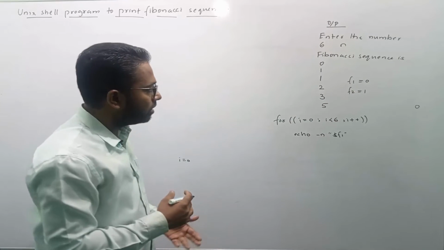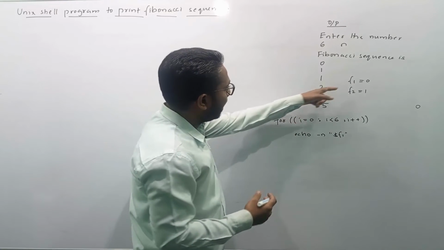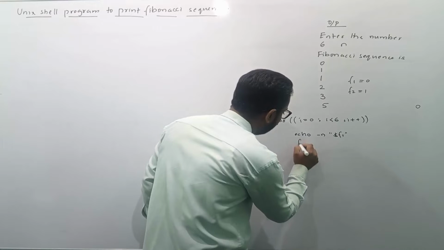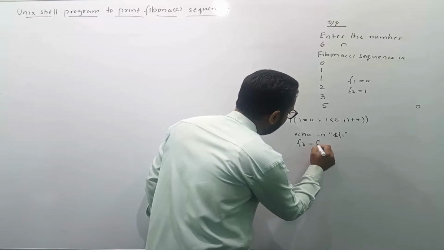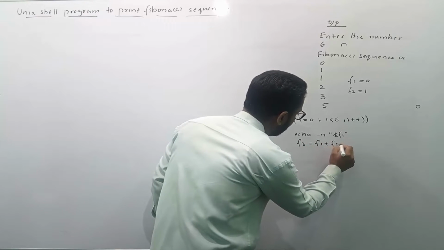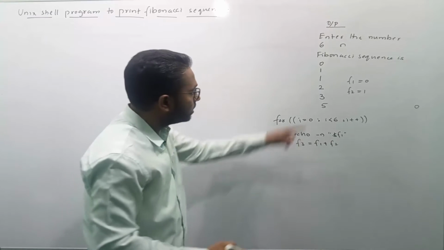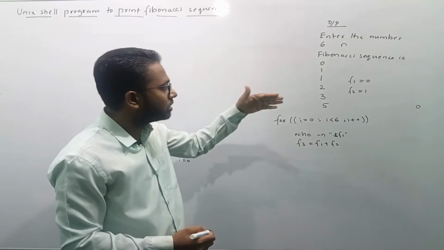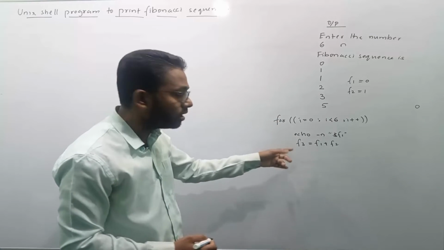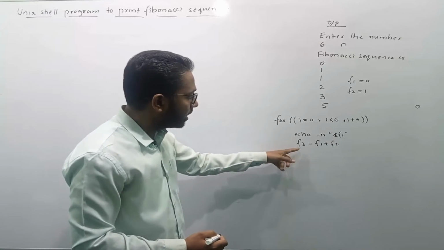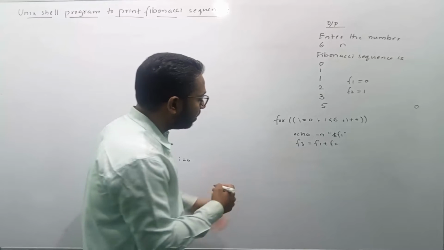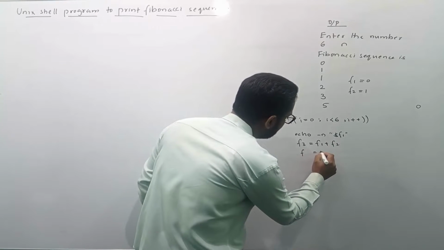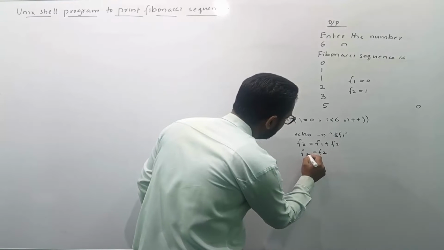Now next I will add f1 with f2 to find out f3: f3 equals f1 plus f2. 0 plus 1. I am adding the first number with the second number to get the third number, and the third number gets stored inside f3. Next I will pass f2 to f1.